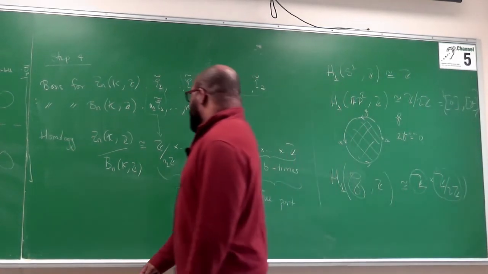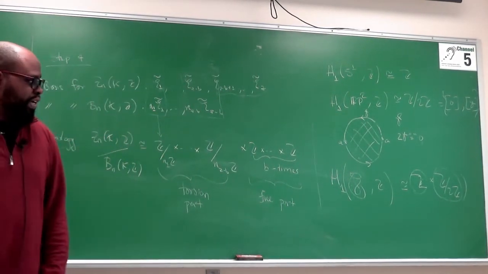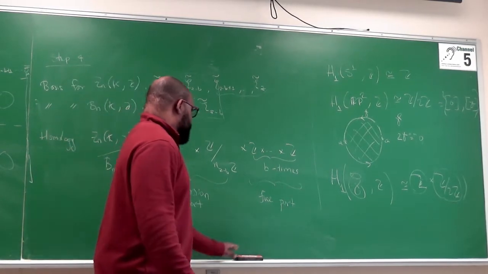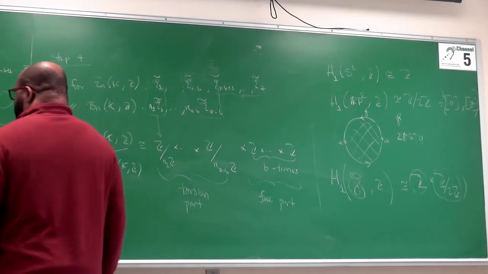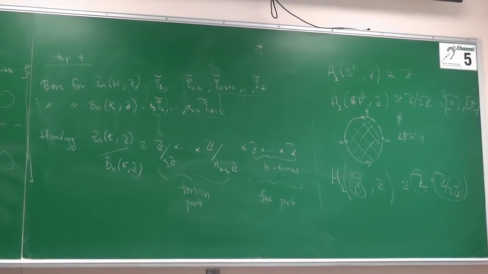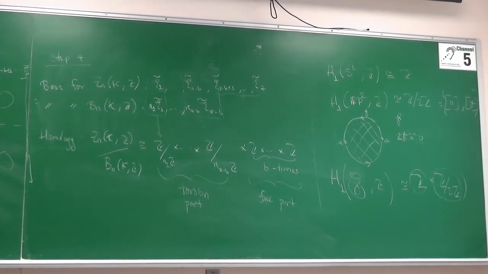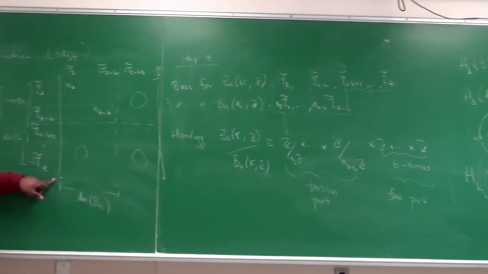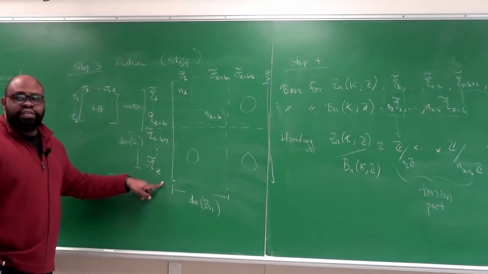Let me now give you a definition, now that we're here. Actually, before we do that, let me add one more comment. Notice that the dimension of Z is equal to what?